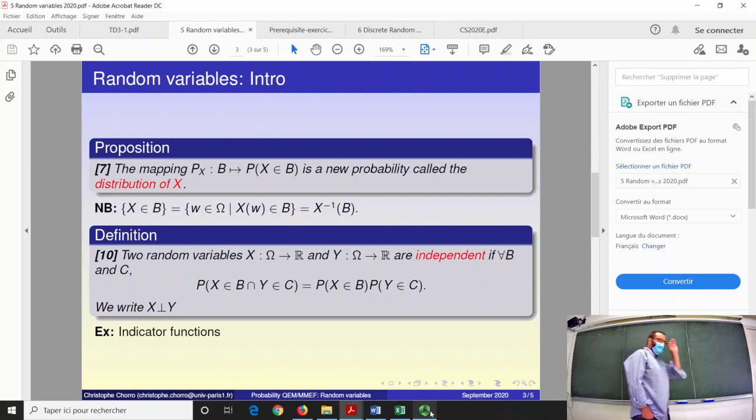I agree, but I will be a little bit more precise. A mapping is something that transforms, or relates, one element. In fact, each element in omega will be transformed into a single element in R. It means that you associate to any element here a real number, but a single real number, not 2, 3, 4, or 5.